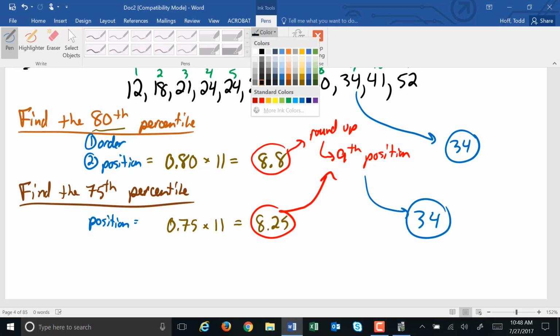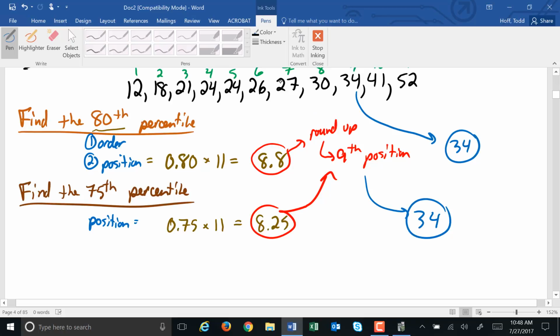What if I ask you to find the 35th percentile? I'll have you try that one on your own.